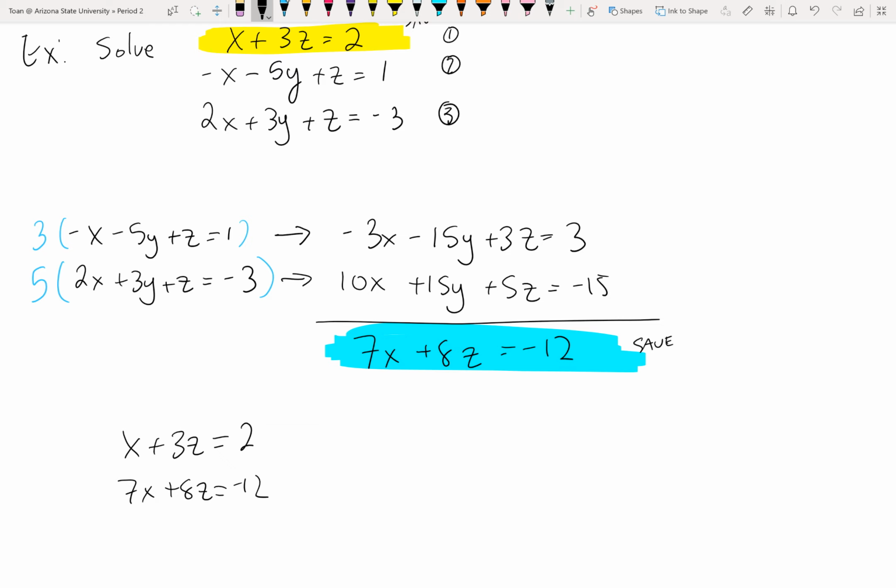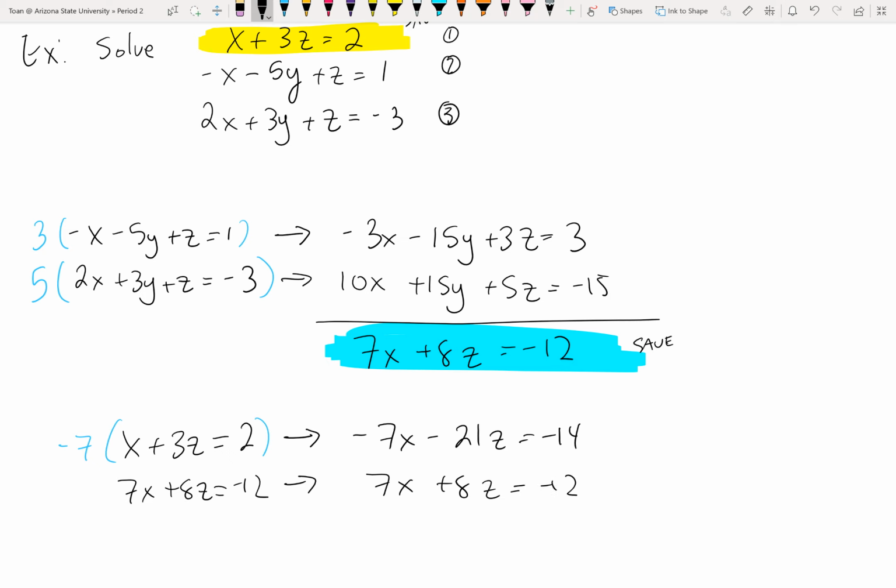I'm going to eliminate the x's. So the top equation needs a negative 7. Do note, I multiply by negative 7 because I want one to be positive, one to be negative. That gives us a negative 7x minus 21z equals negative 14. The bottom equation stays the same. I'm waiting.